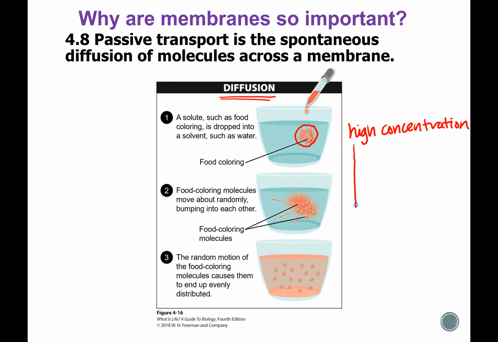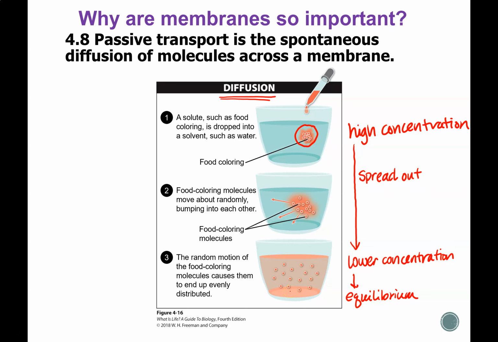So those creamer molecules or food coloring molecules are going to spread out from their high concentration to areas of lower concentration until they eventually reach equilibrium, where they're all evenly spaced.